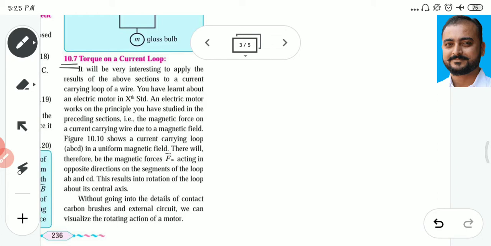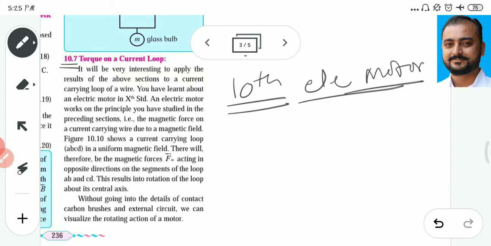So listen carefully. In the 10th standard, you are familiar with electric motors, and in this topic you study this phenomenon. So what is an electric motor and how does it work, that we have to study here.